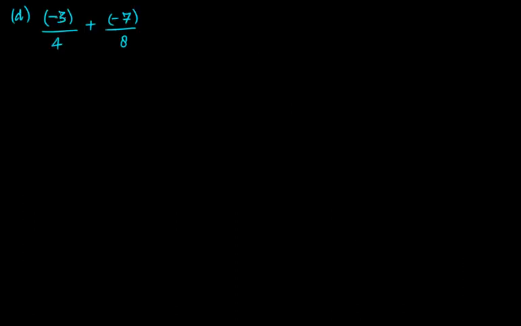Here, minus 3 over 4 plus minus 7 over 8, the first thing is always to check whether you have negative sign in the denominator or not. No, we don't have. So the first step will be LCM of 4 and 8, right? LCM of 4 and 8. So LCM of 4 and 8 comes 8.